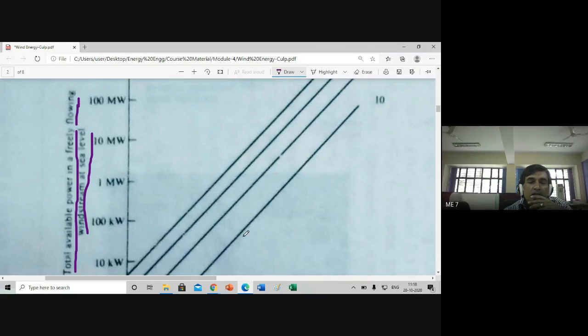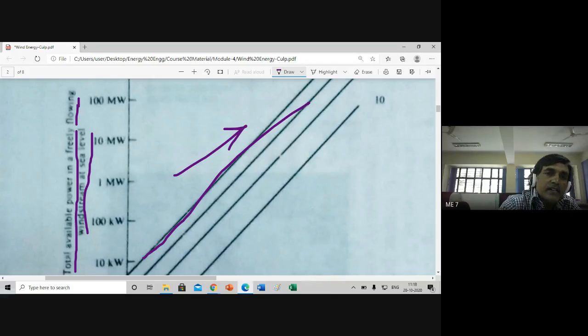As the cross-section area of the blades is increasing, the total power available also increases. Increasing trend.